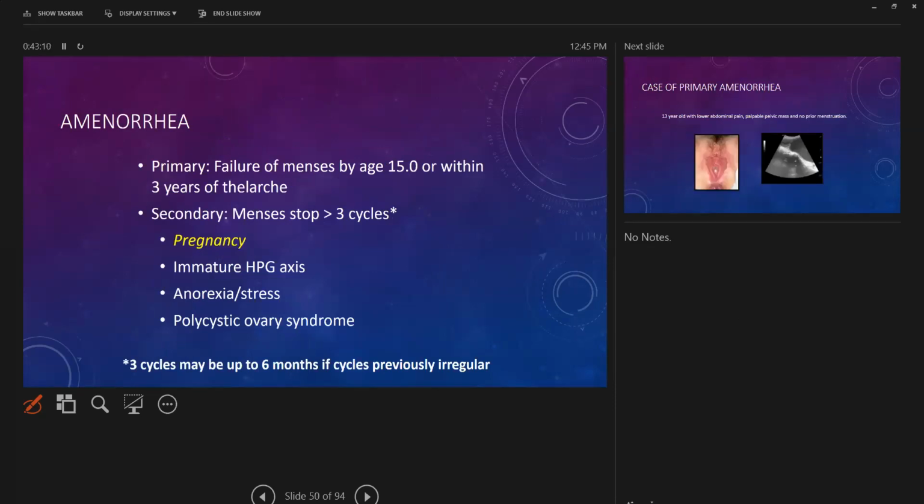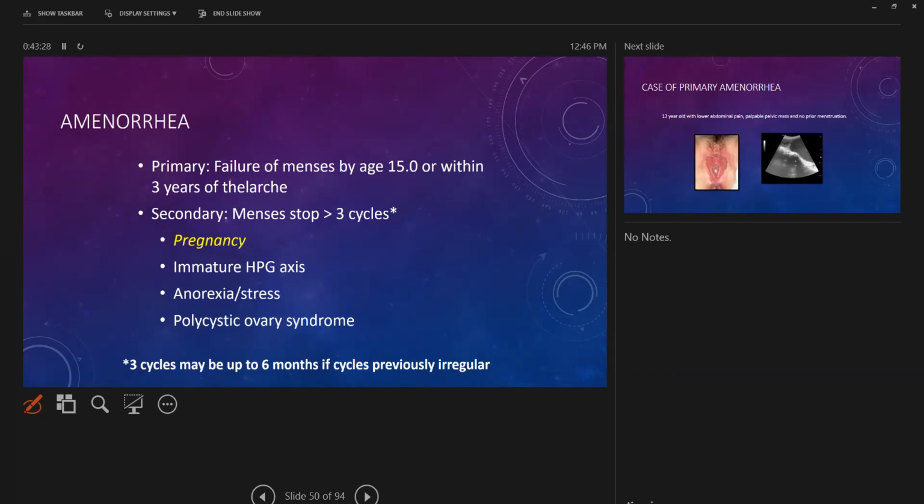Amenorrhea is the primary presenting complaint for females. There's a few different reasons that this could be, but to actually diagnose this, they have to be 15 years old, and they have to have started having a normal cycle 3 years ago.